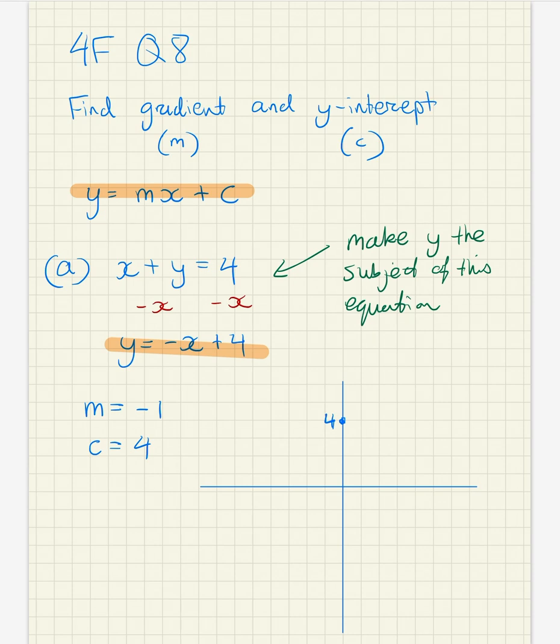That means every time I go across 1, I'm going to go down 1, and it will continue in that way. And so I'm going to end up with a line that looks like this. And that's the line y equals minus x plus 4.